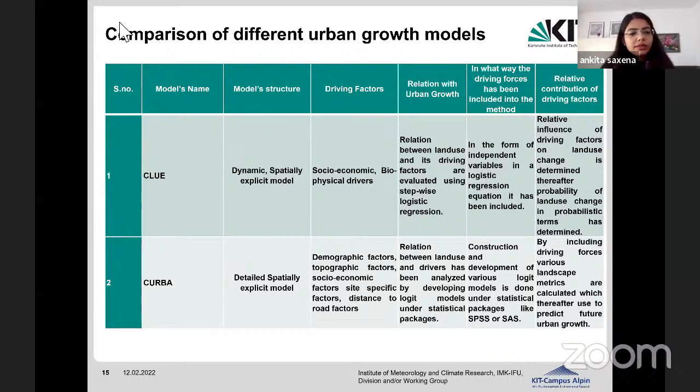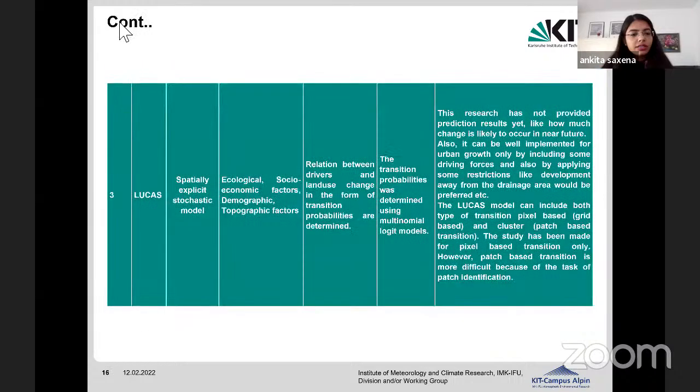There's another one, the Lucas model, in which ecological, social, and geographic factors are considered. And it is using a multinomial logit model to derive the transition probabilities from one land use class to another. A few limitations are that it's not giving us proper long-term projections and geospatial maps.